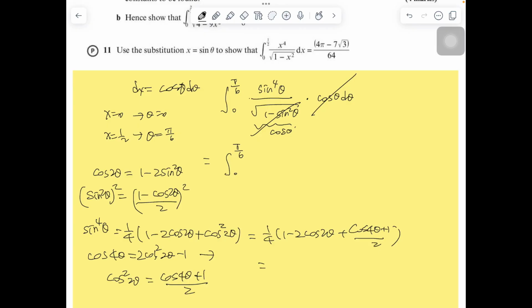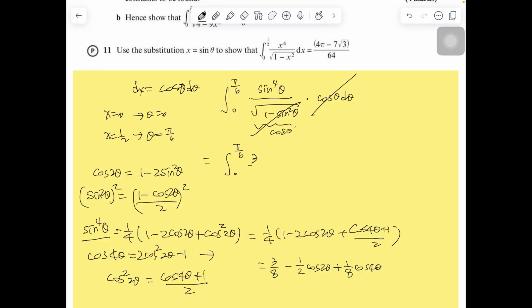So 1 over 4 times 3 over 2. So 3 over 8 minus 1 over 2 cos 2 theta plus 1 over 8 cos 4 theta. So this is sine to the power of 4 theta.